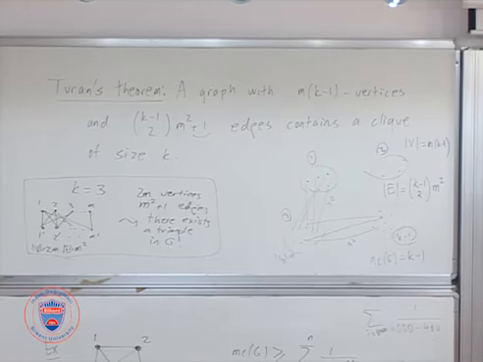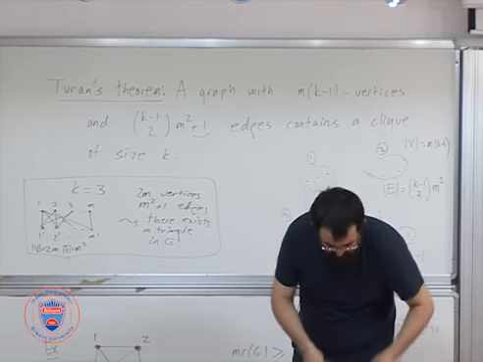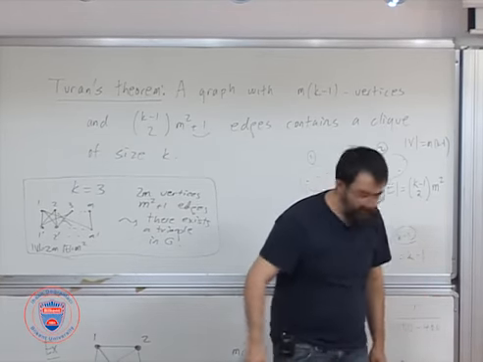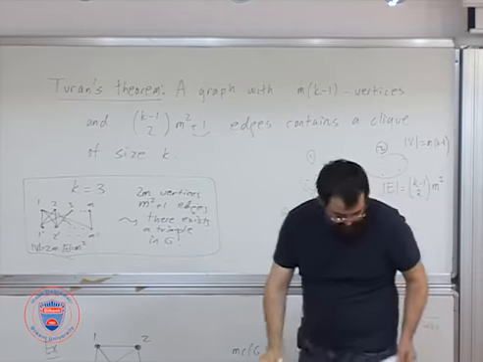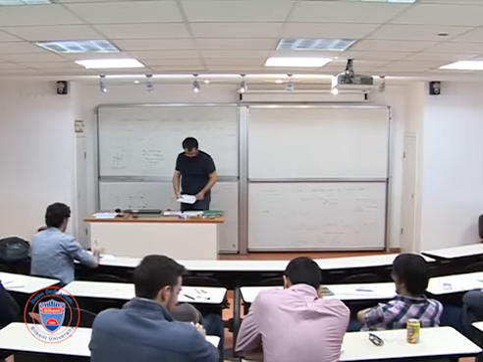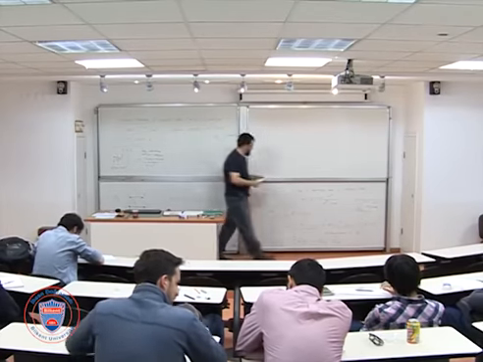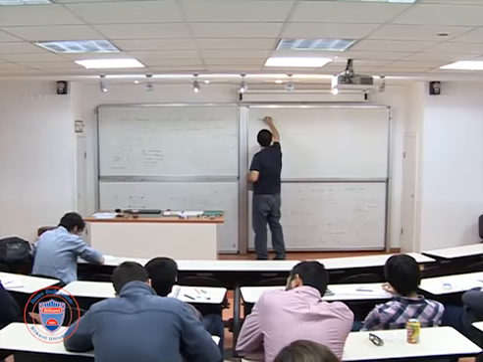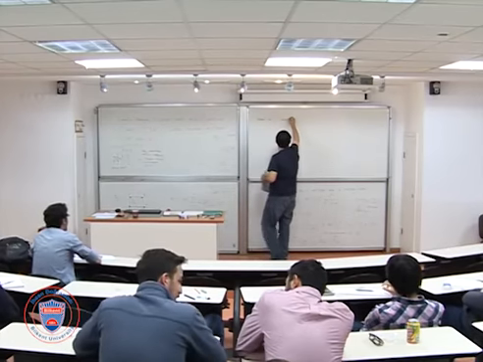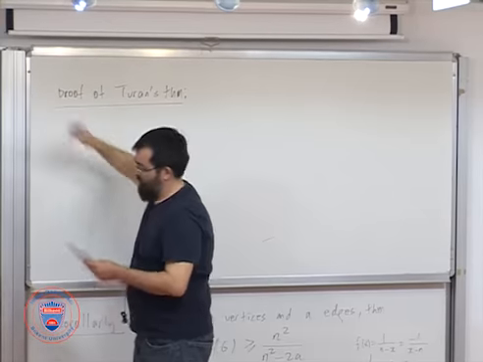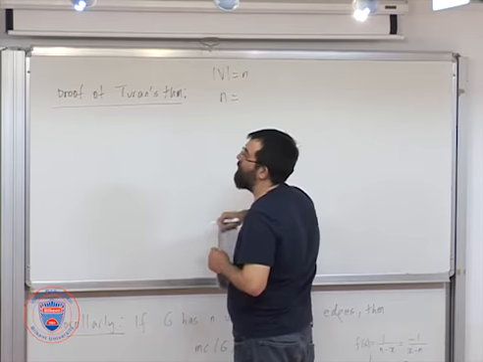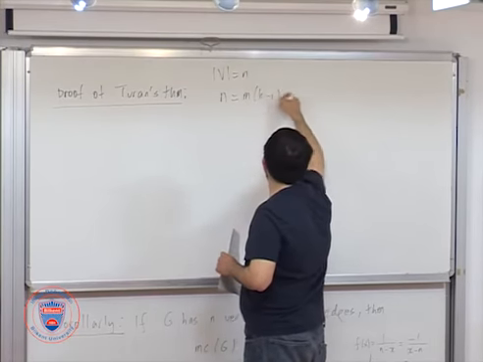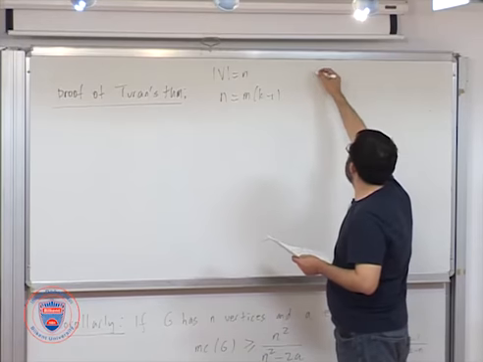Okay, so let me finish this because I think the clique discussion has been very long. To finish this, I'm just going to write some inequalities and then we'll get the answer. So, the proof of Turán's theorem. We have n vertices, and that is m times k minus 1. And then the number of edges.